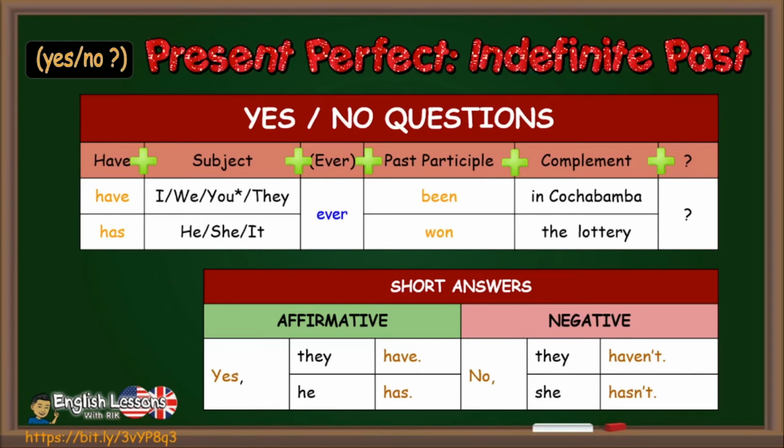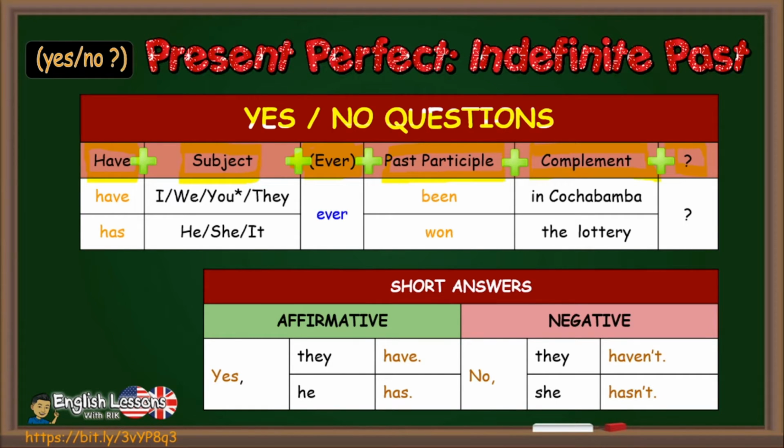To write yes/no questions in the present perfect indefinite past, you have to write first the auxiliary have, has, plus subject, plus ever, plus past participle, plus complement, and don't forget the question mark.